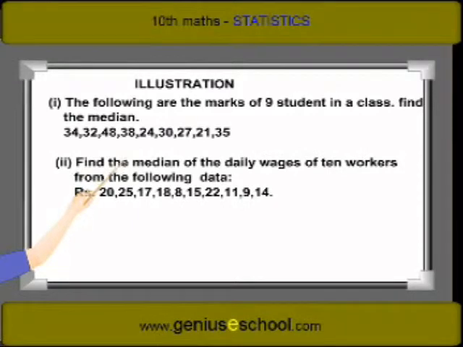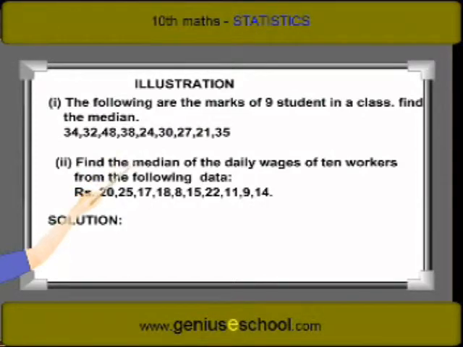Number 2. Find the median of the daily wages of 10 workers from the following data: rupees 20, 25, 17, 18, 8, 15, 22, 11, 9, 14.